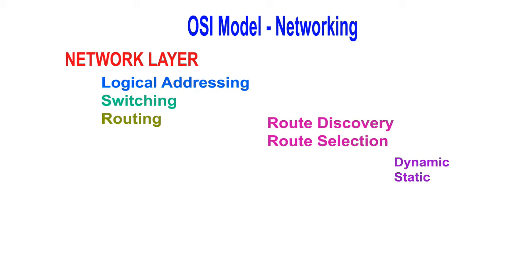Dynamic route selection uses internal routing algorithms to gather cost information continuously. Every packet is assigned a route depending upon the latest discovered cost.